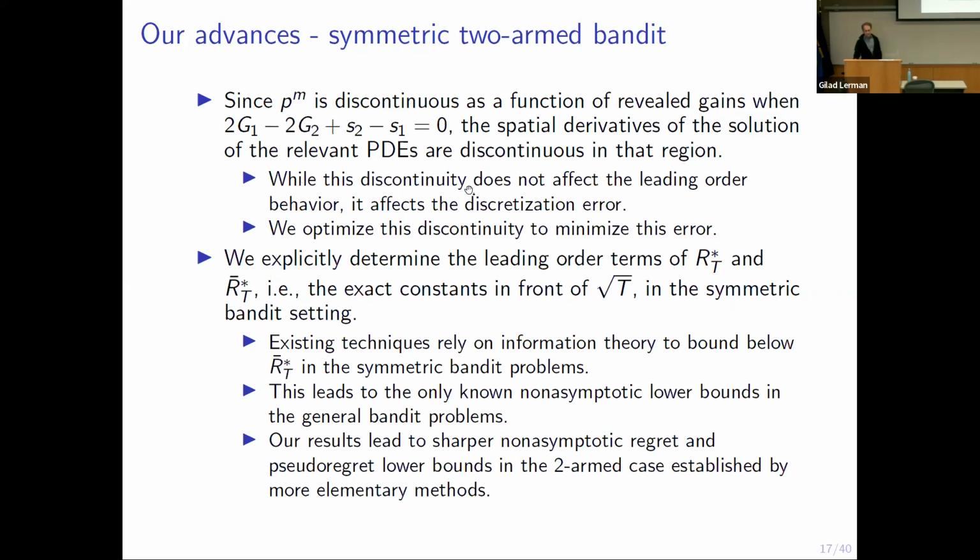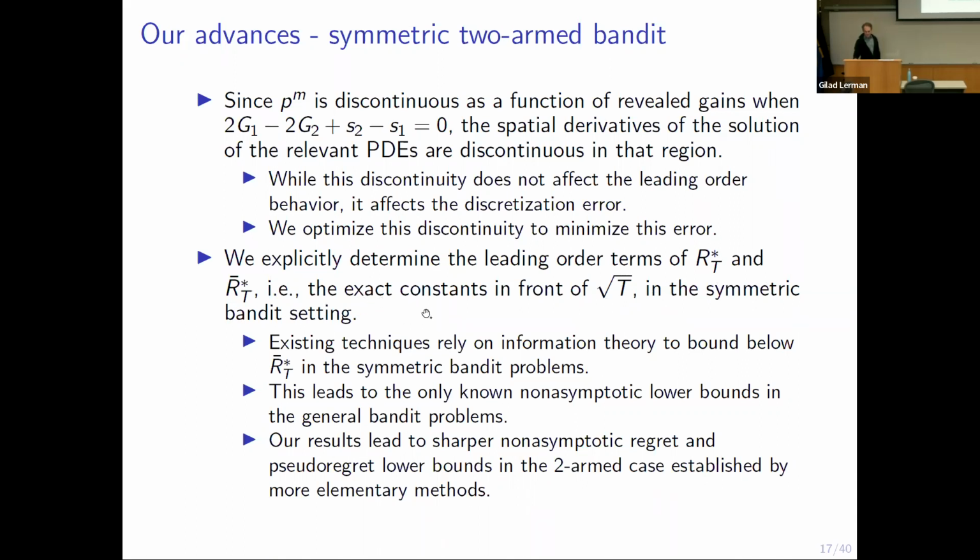If you keep this discontinuity epsilon small, it doesn't affect the leading order behavior, but it affects the discretization error. So we're actually able to optimize this discontinuity to minimize this error. And we explicitly determine the leading order terms of regret and pseudo-regret, i.e. the exact constants in front of the square root of t in the symmetric bandit setting.